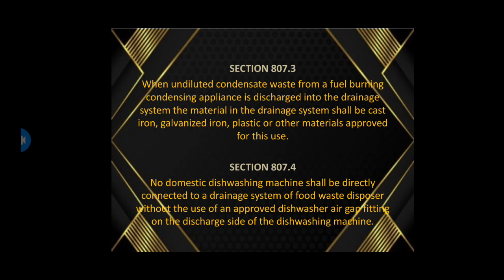When undiluted condensate waste from fuel burning condensing appliances is discharged into the drainage system, the material in the drainage system shall be cast iron, galvanized iron, plastic, or other materials approved for this use. Section 807.4. No domestic dishwashing machine shall be directly connected to the drainage system or food waste disposal without the use of an approved dishwasher air gap fitting on the discharge side of the dishwashing machine.